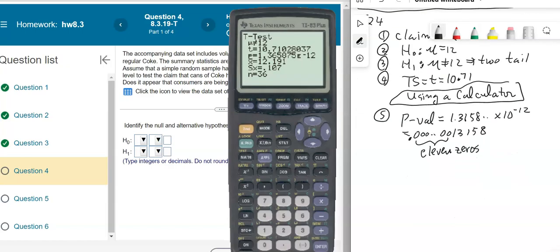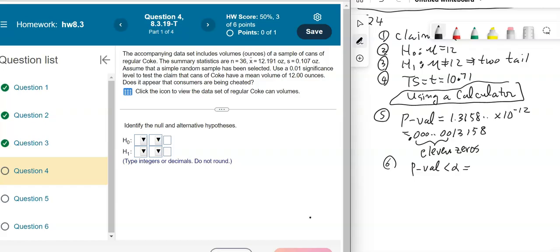So definitely the p-value is less than alpha. What is alpha? 0.01. Okay. So the p-value is less than alpha, so reject the null hypothesis.